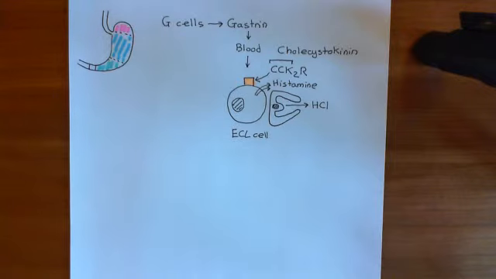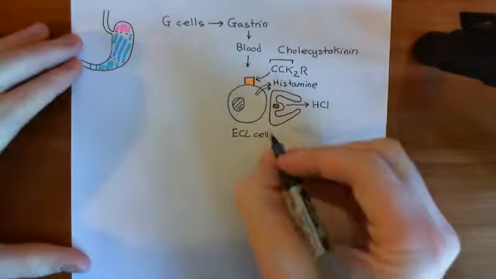Okay, right. So there is another thing that regulates parietal cells, and this is input from postganglionic parasympathetic cholinergic neurons. Okay, so let me draw this here.